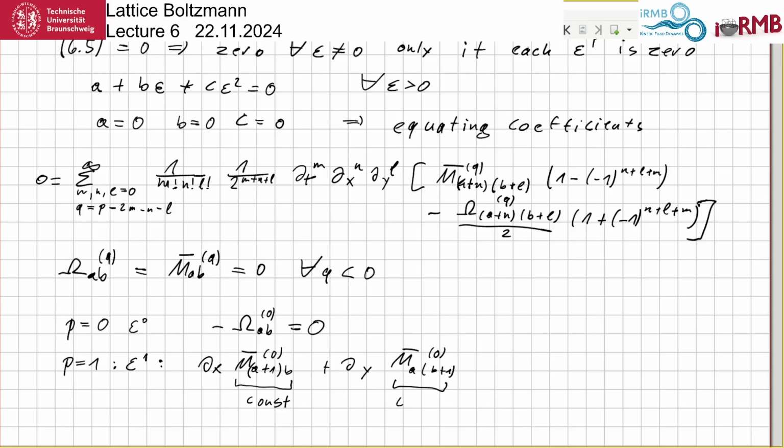This here is also constant. Because it's constant and you take the derivative of it, it will disappear. We have here omega ab to the order 1, and this is equal to 0. Because these two are constant and we take the derivative, they will also disappear. And you see that the first order of omega is always 0, no matter what a and b are.